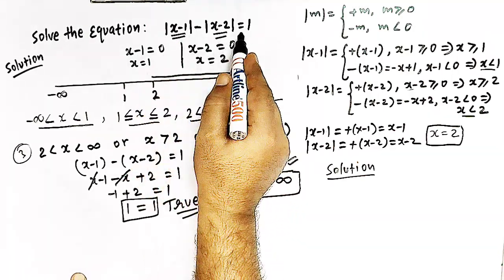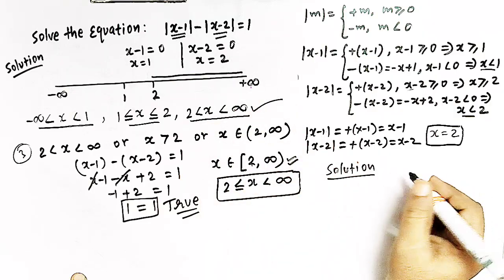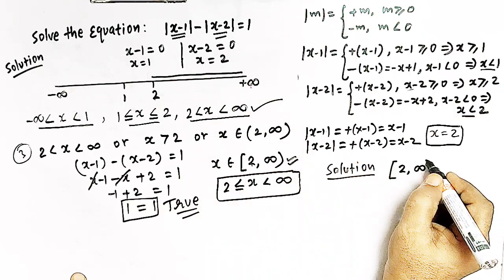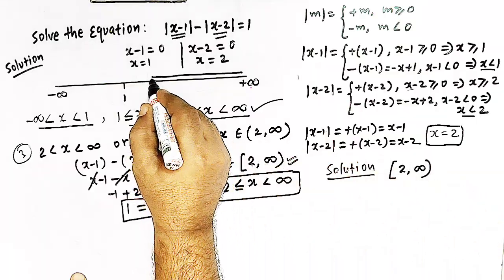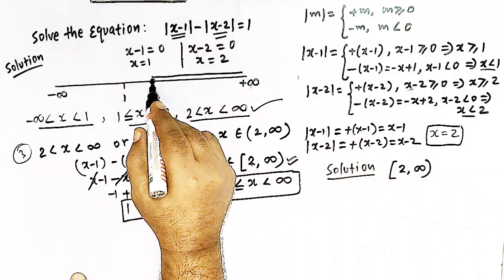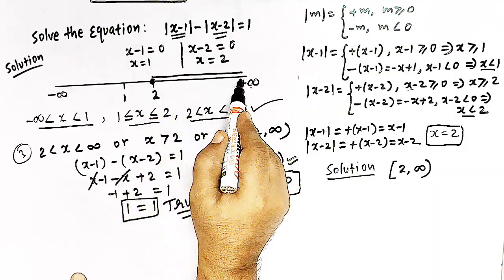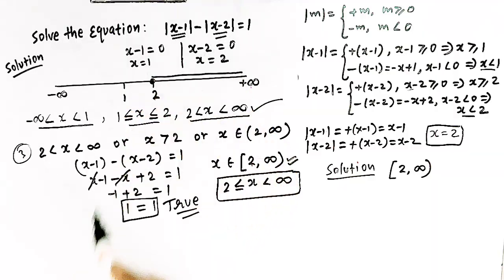So the solution of this equation is given by this interval, that is from 2 to infinity. So here 2 is also included. So this interval represents or gives the solution of this equation.